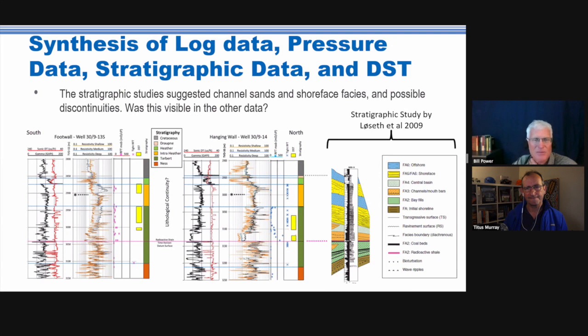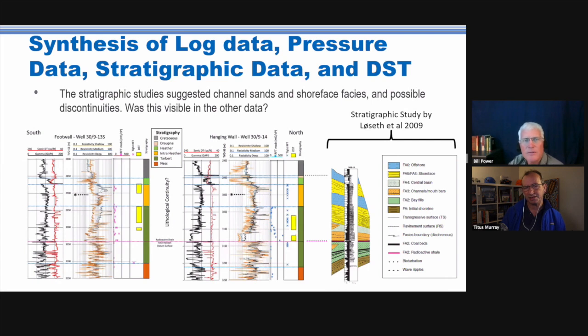So it seems that the log data and what's going on in the well completion reports dovetail quite well and confirm in our minds what the stratigraphic studies are saying, namely that these may be discontinuous sands. There's definitely the kind of behavior you would expect from channel sands, in a situation where things may not connect together very well.